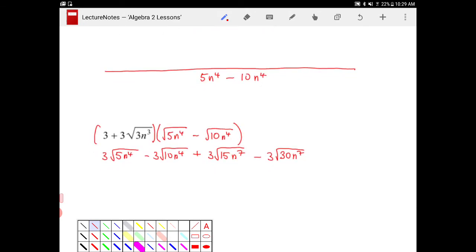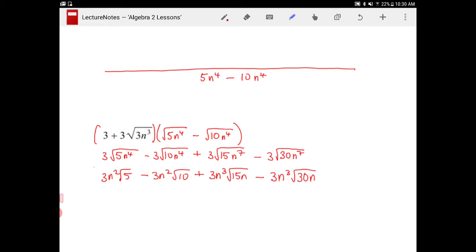And are there any things I can reduce? Absolutely. This is 3n squared radical 5 minus 3n squared radical 10 plus 3n to the 3rd radical 15n minus 3n to the 3rd radical 30n. And this becomes my numerator.